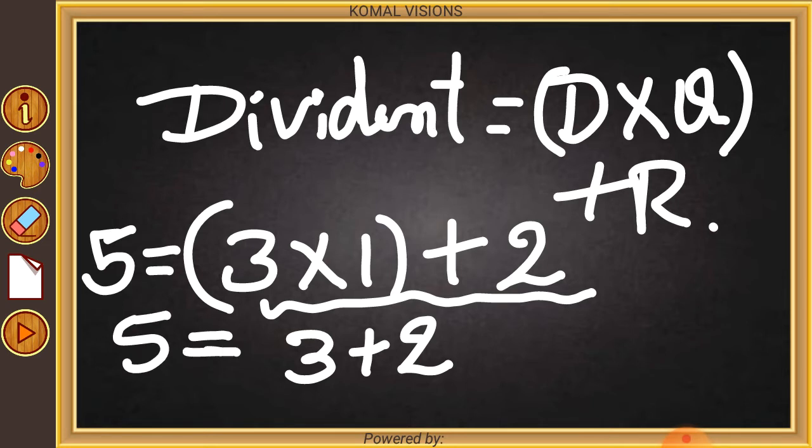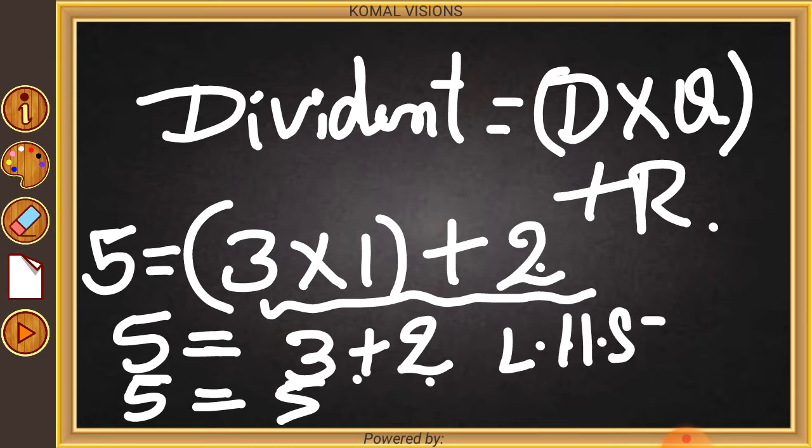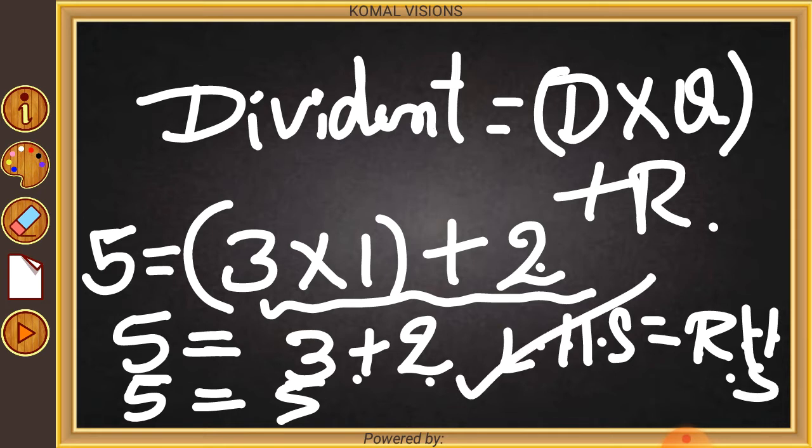Let us see whether we'll get it or not. 3 into 1 is 3, plus 2, which I have written here same as it is, equals 5, and 3 plus 2 is 5 again. So if you see here, the LHS part is equal to the RHS part, then we have done the division correctly. Is it clear? So this is how the division process is done for numerical values.